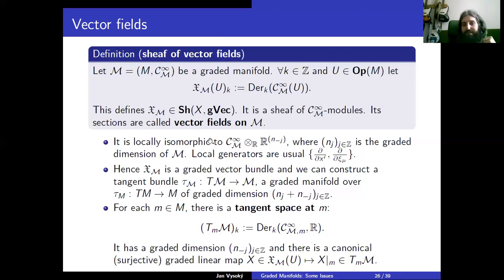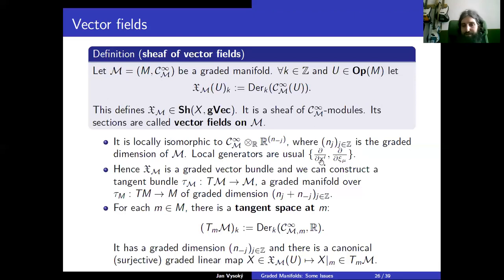And in fact, it's locally finite and freely generated because it's locally isomorphic to C-infinity(M) tensor R^(n_j minus j), where n_j is the graded dimension of my graded manifold. And why is there n minus j here? Because the local generators of this frame are in fact the usual kind of coordinate vector fields, which work the way you expect.